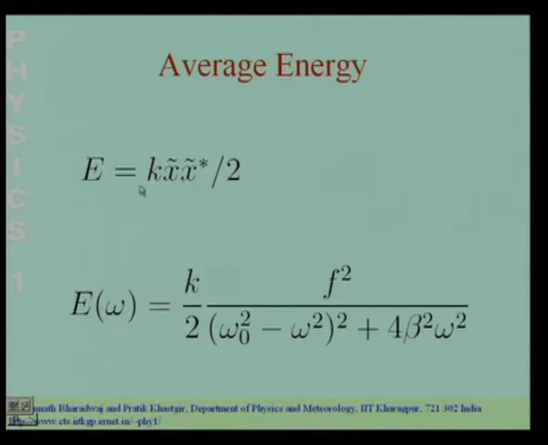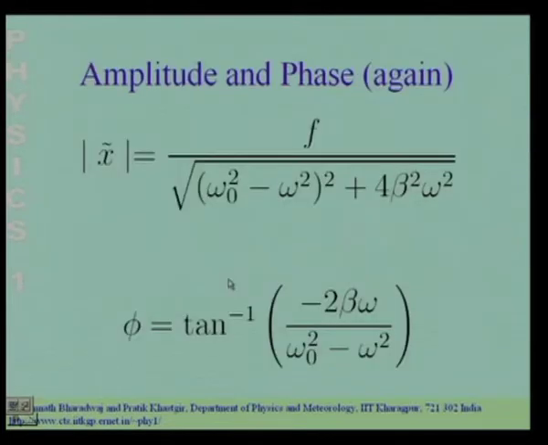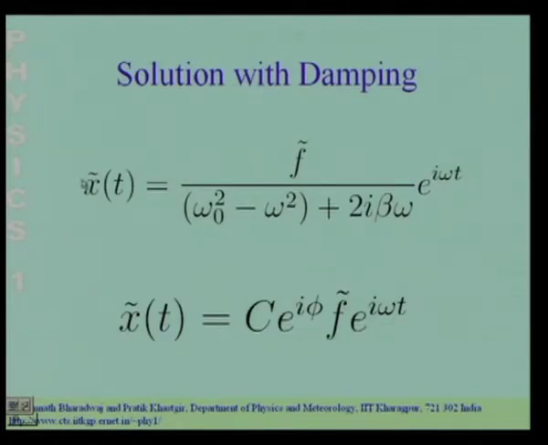So, if you calculate this, that is, if you calculate k into x x star by 2, you have to take this expression for x, the complex x, and multiply it with its complex conjugate. If you multiply it with its complex conjugate, you will get f tilde times f tilde star, and this will be multiplied by its complex conjugate.